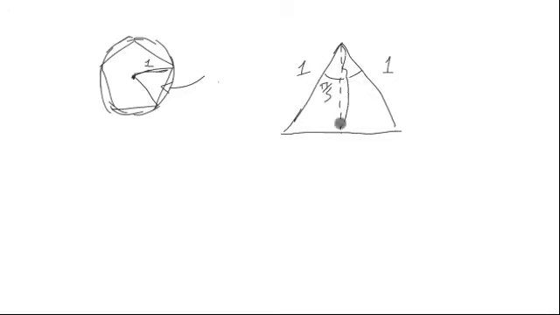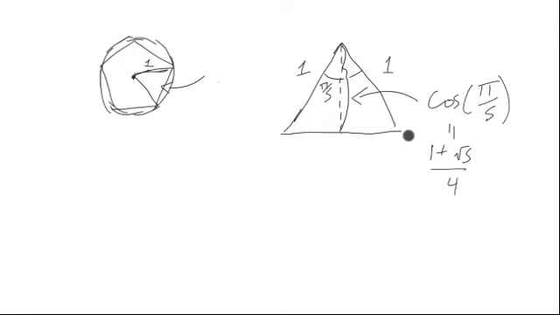Now, the height of this triangle is equal to the cosine of pi fifths, which from another video is (1 plus the square root of 5) over 4. So we're going to use that idea. That height is precisely that. Well, we're well on our way. We know the height of this triangle. We just have to know the base of it.